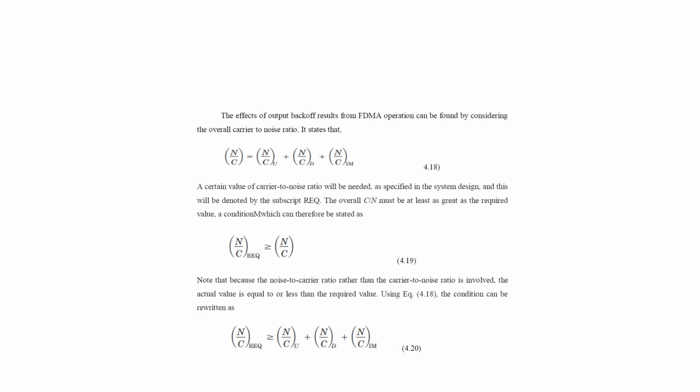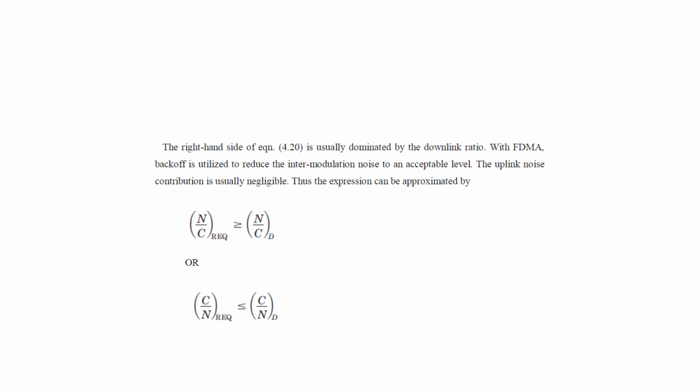Therefore, the right hand side of the above equation is usually dominated by the downlink ratio. In case of FDMA, backoff is utilized to reduce the intermodulation noise to an acceptable level. So the uplink noise contribution is usually negligible in this case.